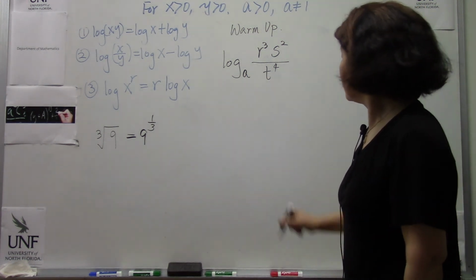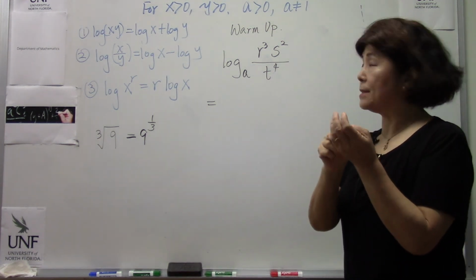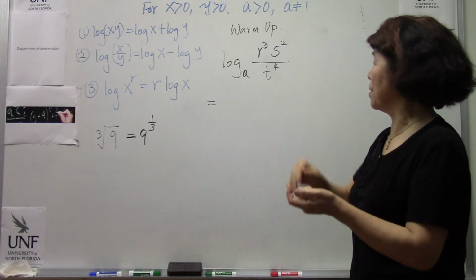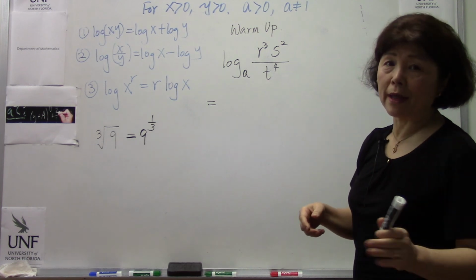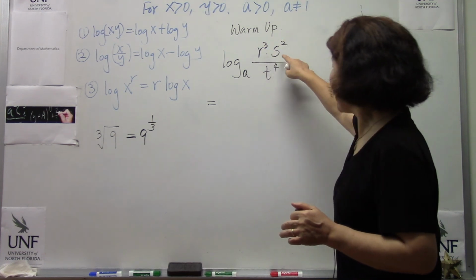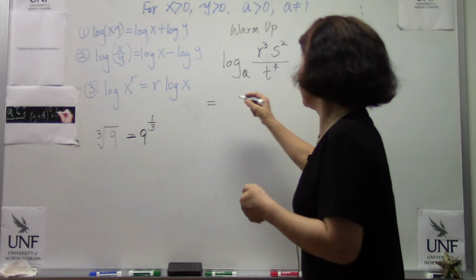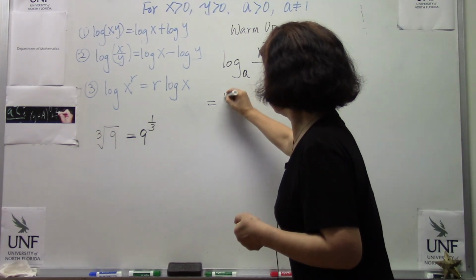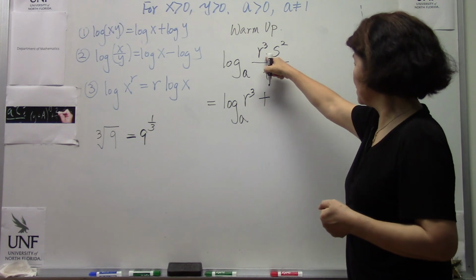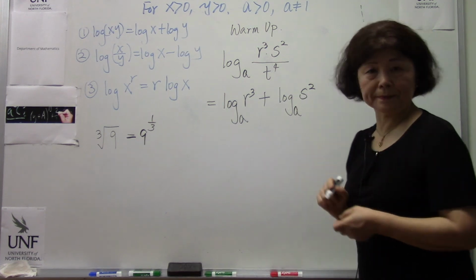It looks complicated, but let's separate these issues. r, s and t each have a power, but think about the powers later. The most fundamental thing is that r and s are multiplied and t to the 4th is divided. So because of multiplication, log r cubed to base a plus log s squared to base a.